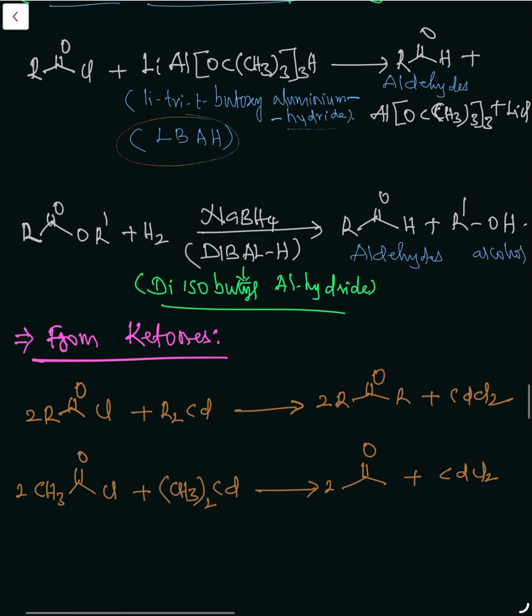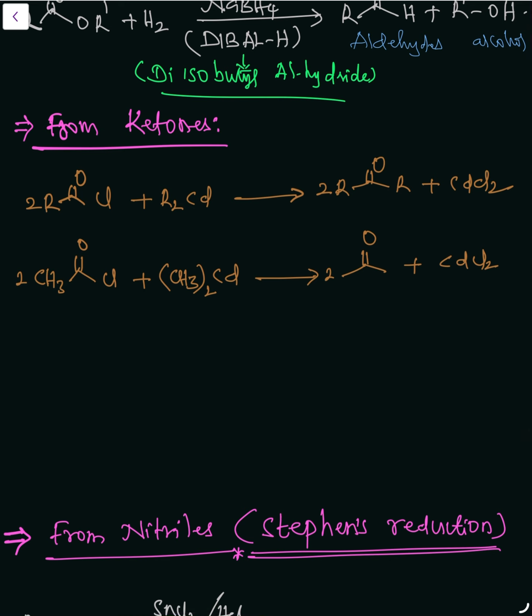Okay. Next, let us see preparation of ketones from acid chloride. So here acid chloride, that is RC double bond OCl, reacts with dialkyl cadmium.